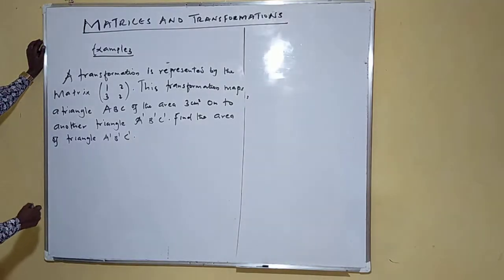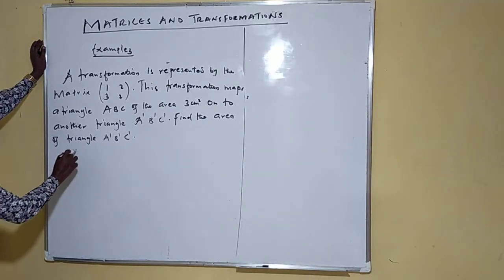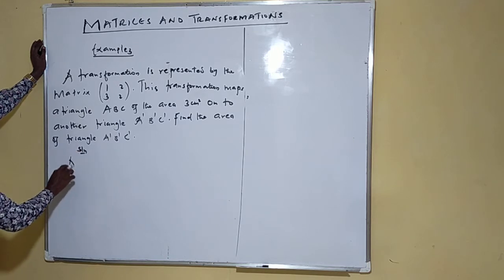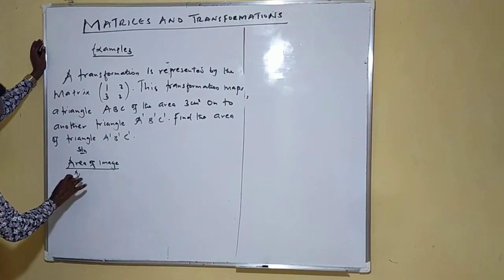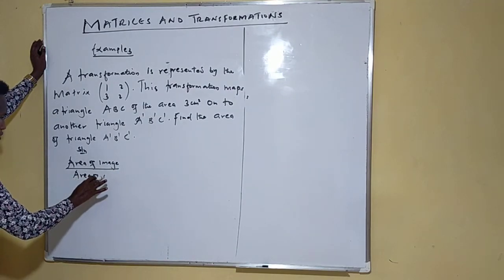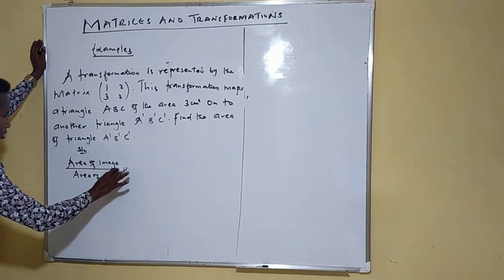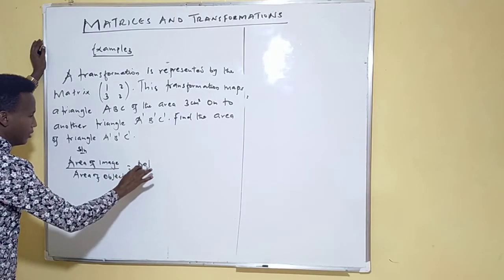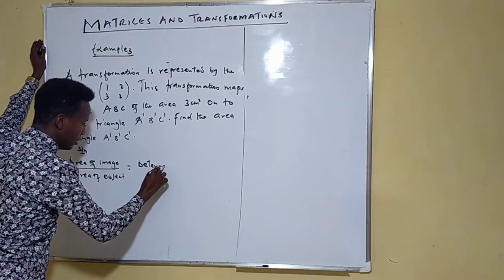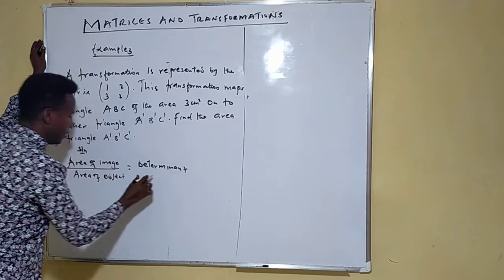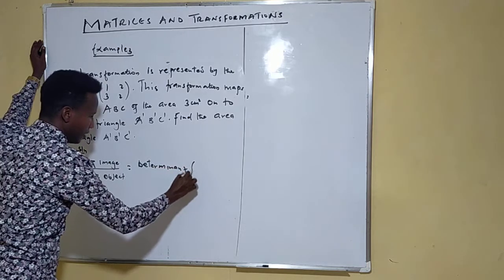We are going to say there's a formula which says: area of image divided by area of object is equal to determinant. Determinant is abbreviated as det.